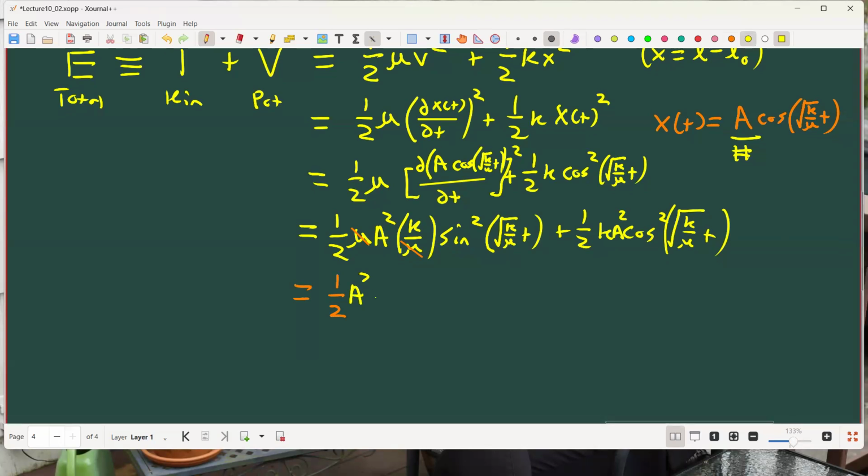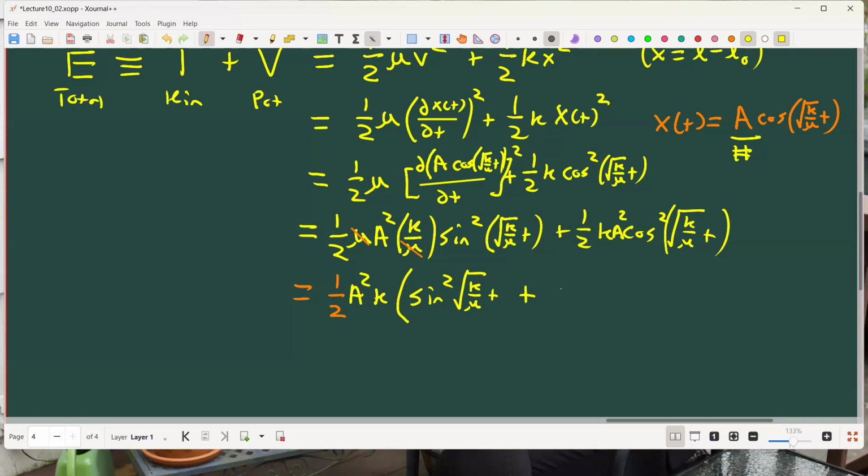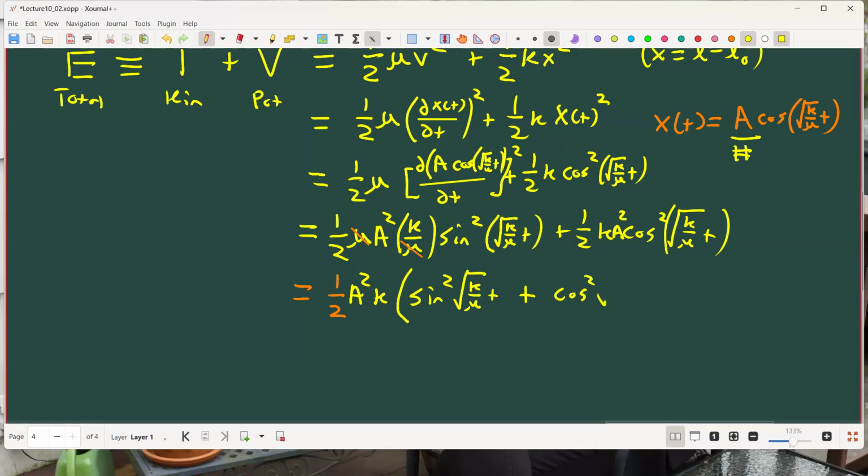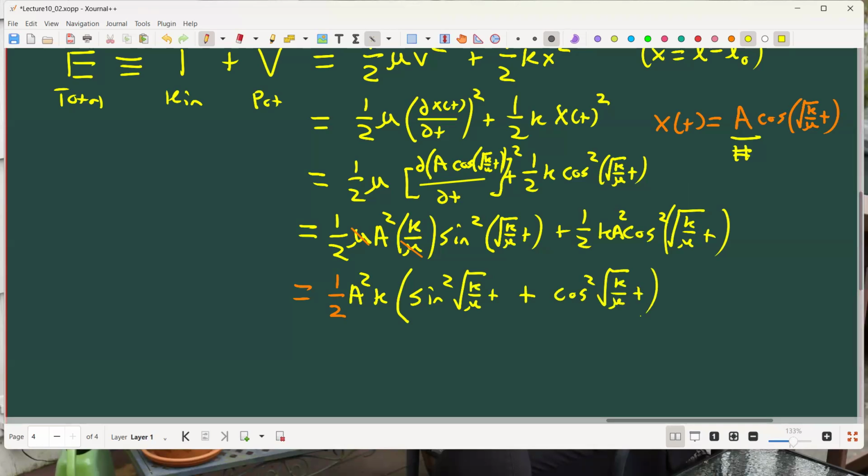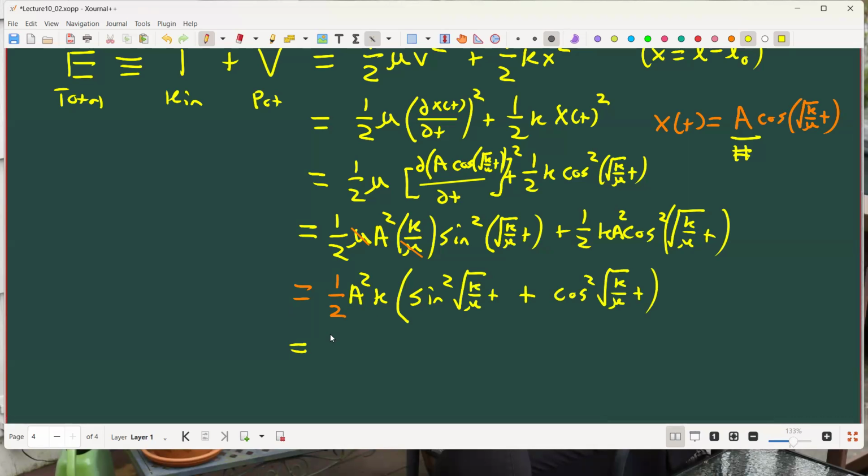A squared k times sine squared of k over mu t plus cosine squared of k over mu t. And what's sine squared plus cosine squared? 1. So this is left to 1/2 a squared k.